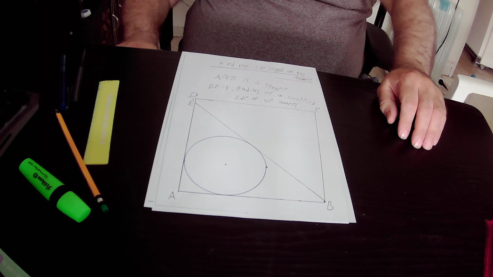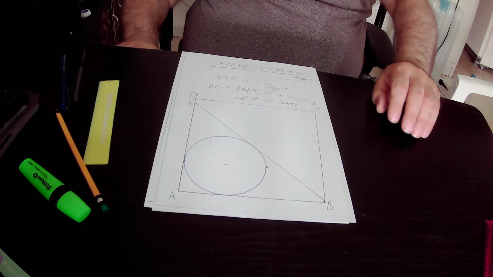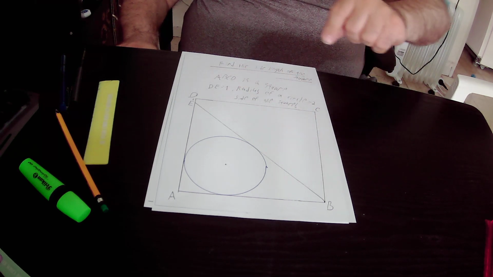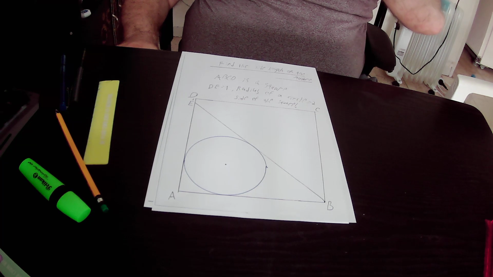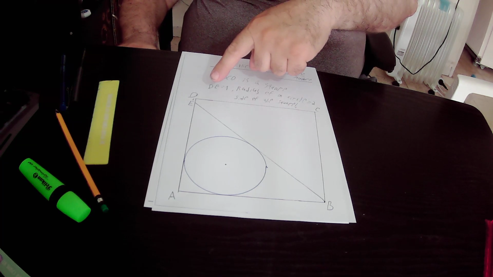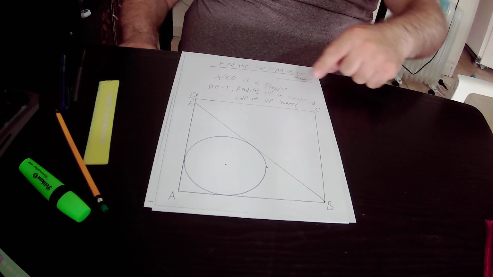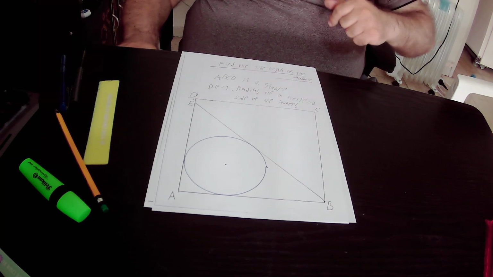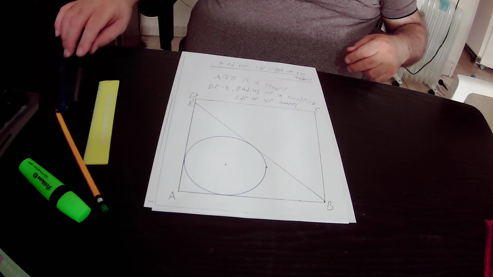In the drawing, we have square ABCD, and we know that the short line segment DE equals 1 unit, and the radius of this circle is equal to 2 units.